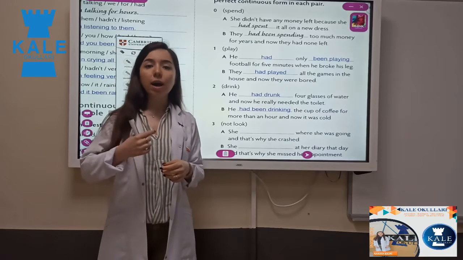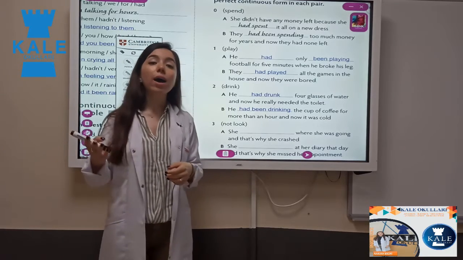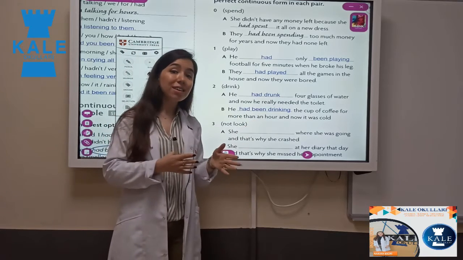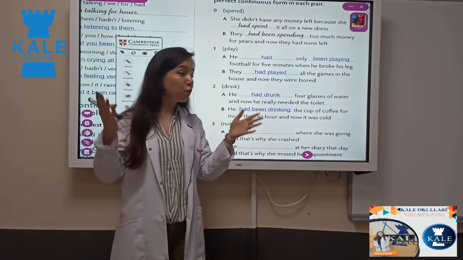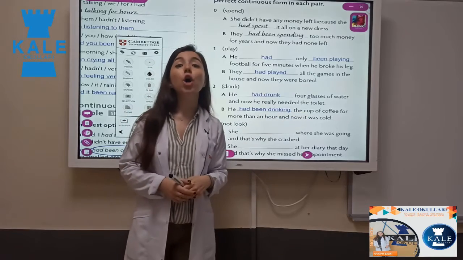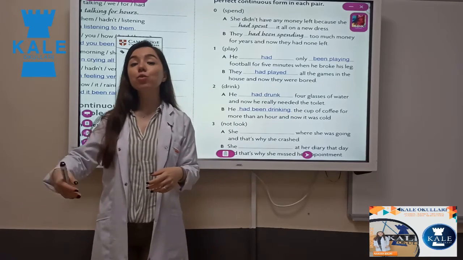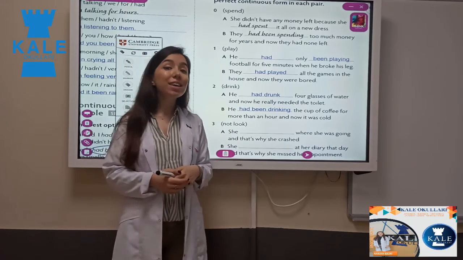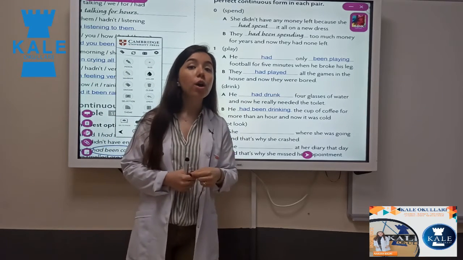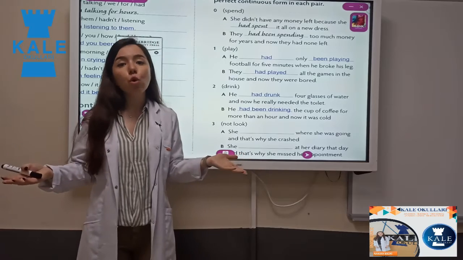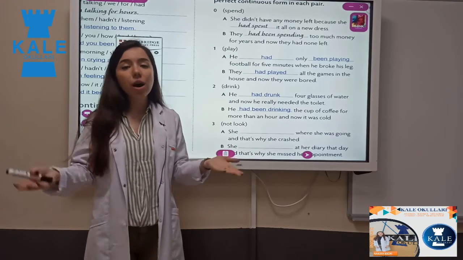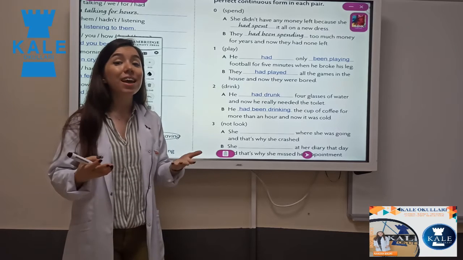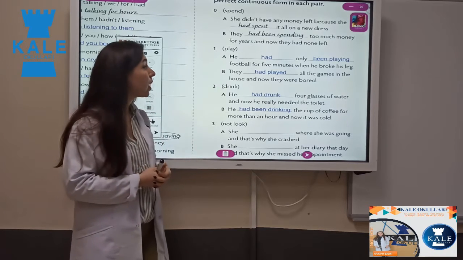For more than 1 hour, for example, he went to a cafe, and he had been drinking for a long time, yes, for 1 hour, and now it was cold, yes. What is the consequence? After that it was cold, but before that what happened? Because he had been drinking just a cup of coffee for 1 hour, and now it was cold. The tea or coffee is cold because for 1 hour it stayed.